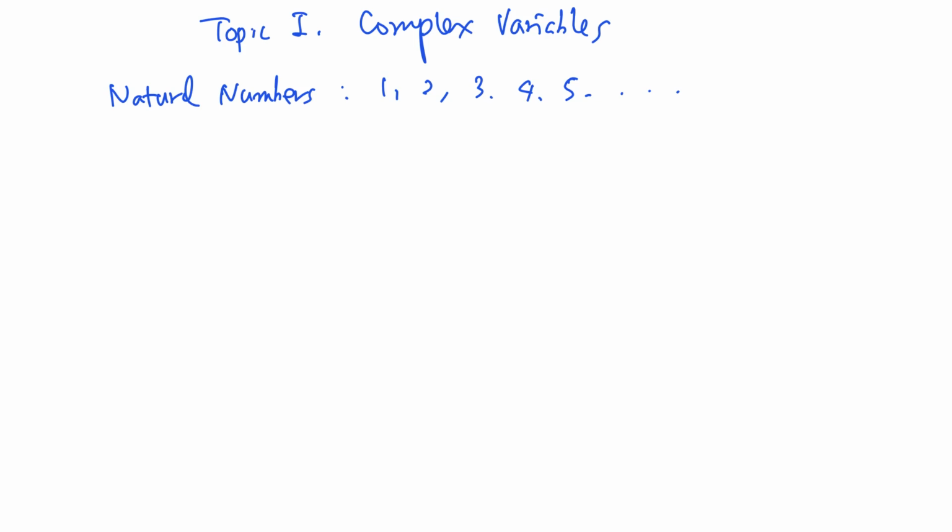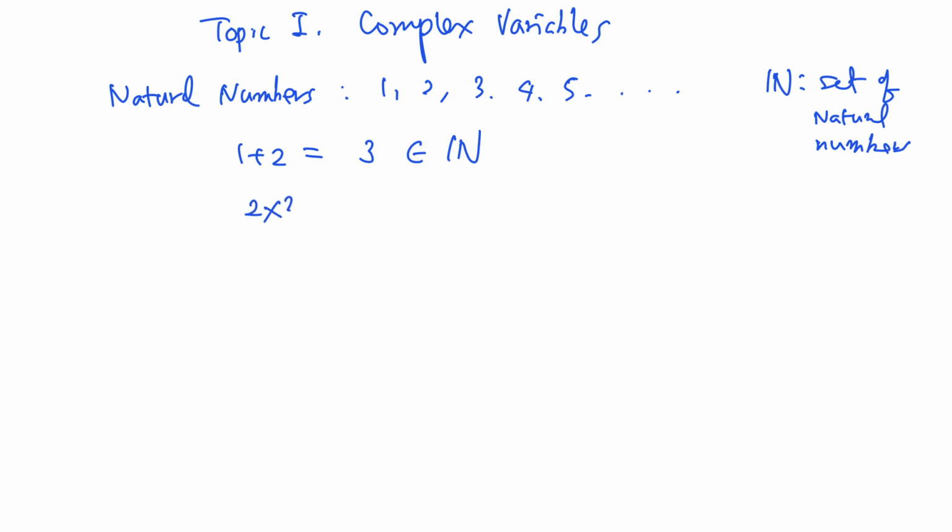So natural numbers, you can add them together, right? So let's say natural numbers are a set. 1 plus 2 is 3. It belongs to natural numbers, right? How about multiplication? 2 times 3 is 6. It belongs to natural numbers, right?